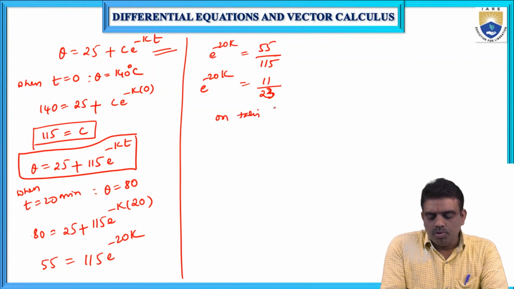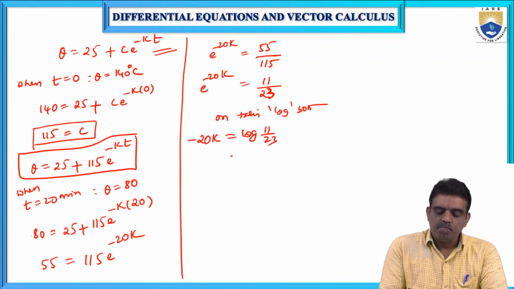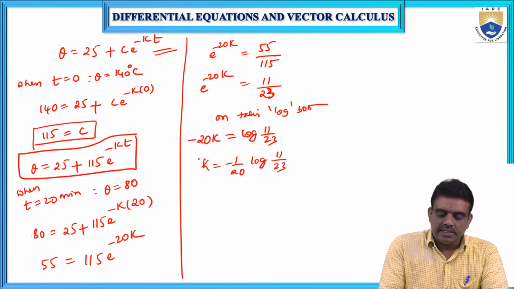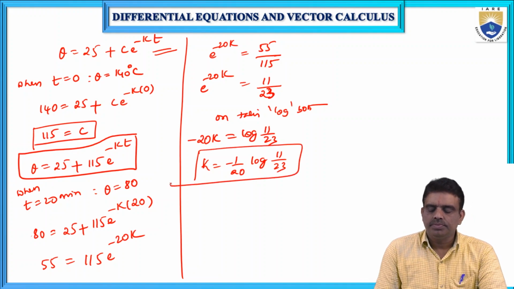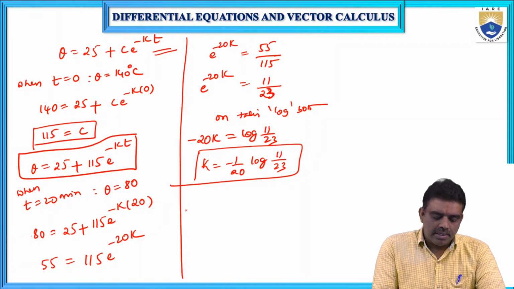So on taking log on both sides, minus 20k is equal to log 11 by 23, or k is equal to minus 1 by 20 into log 11 by 23. This is the k value. Then what equation will we get?